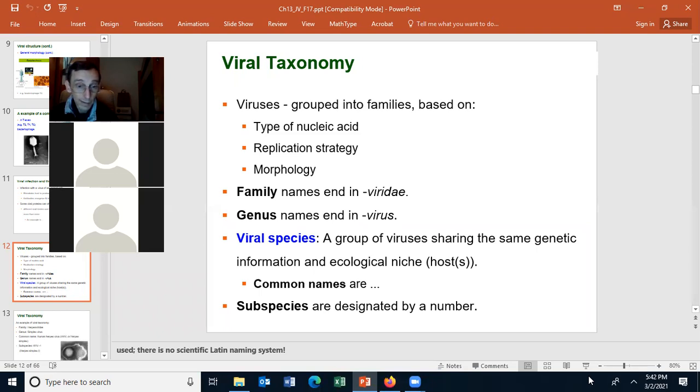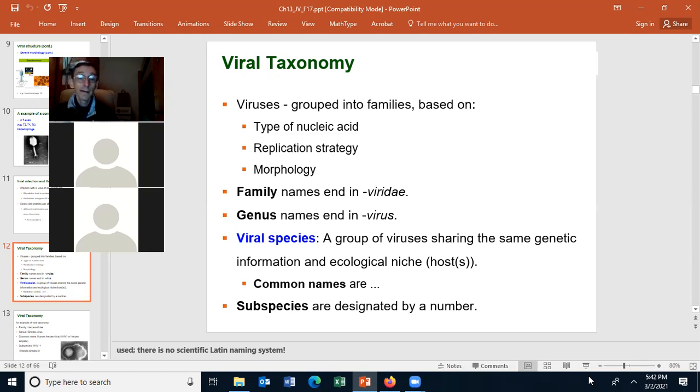There is no scientific Latin naming system, meaning the polio virus is the common English name. And don't ask me why. Well, I think the reason why English names were used is that the first scientists studying viruses all spoke the English language, and then all later people who started studying viruses continued to use the common English names. Okay?